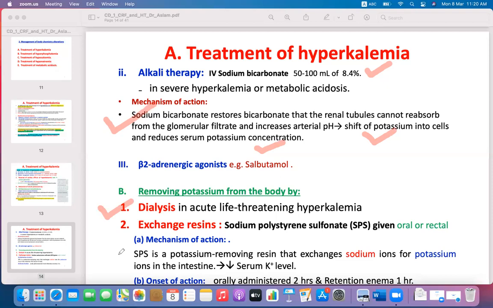Sodium polystyrene sulfonate is a resin that exchanges sodium ion for potassium ions in the intestine and decreases the serum potassium level. The onset of action is 2 hours when administered orally, and 1 hour for a retention enema.